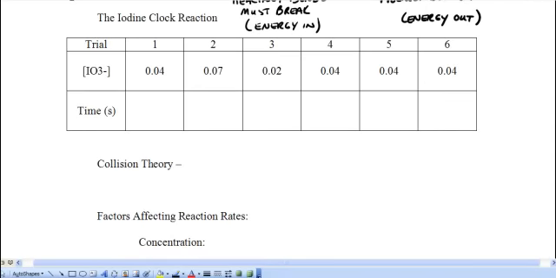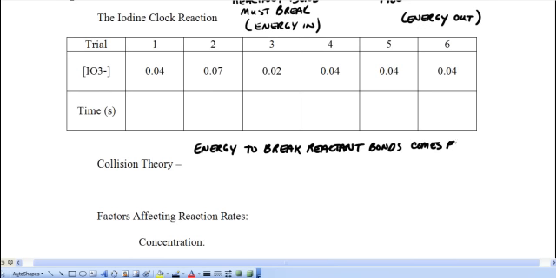Collision theory is going to tell you that the energy to break the reactant bonds comes from the collision of particles, or of reactant particles.